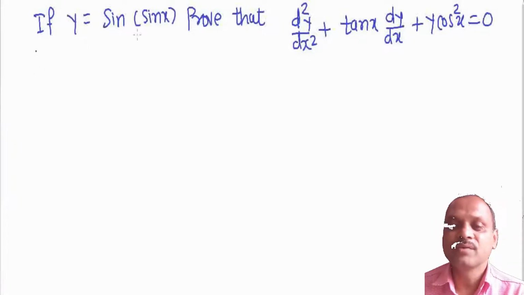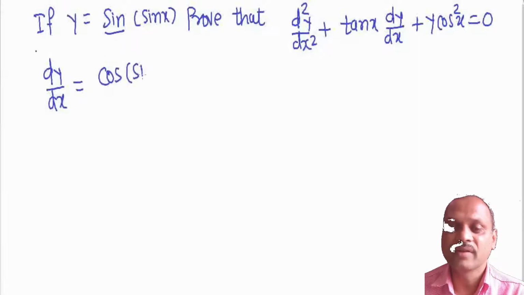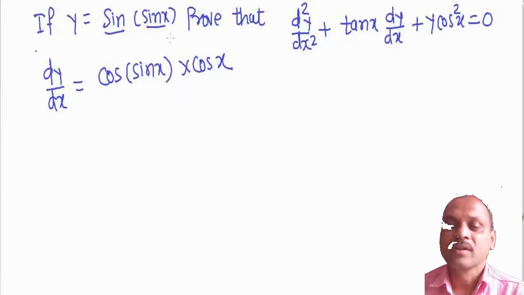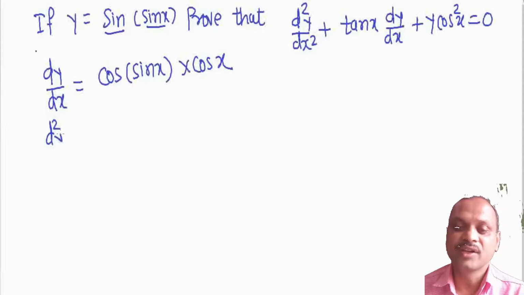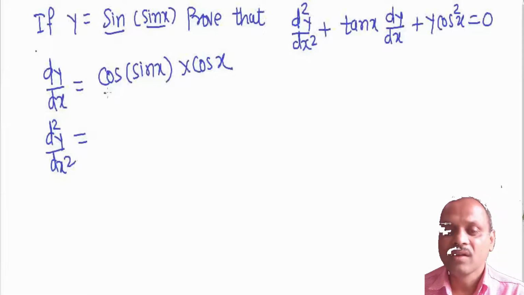When we differentiate with respect to x the first time, we get dy by dx equal to the derivative of sine, which is cos of sine x, into the derivative of sine x, which is cos of x. So we have applied the chain rule. Now differentiate again, we get d2y by dx square equal to the derivative of cos of sine x into cos x. We need to apply the product rule. This is the first function and this is the second function.